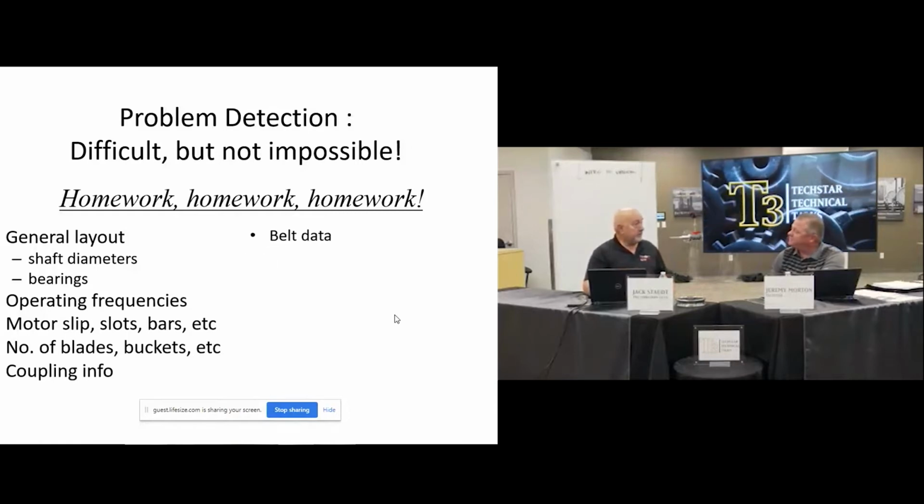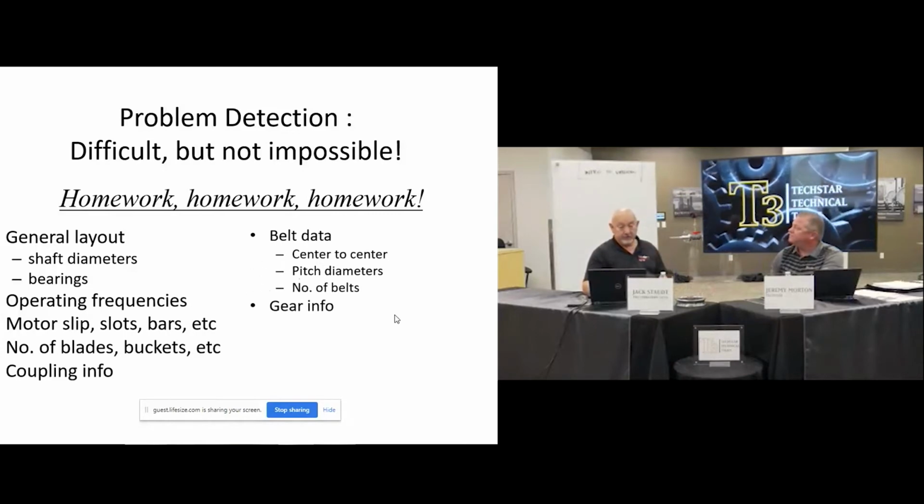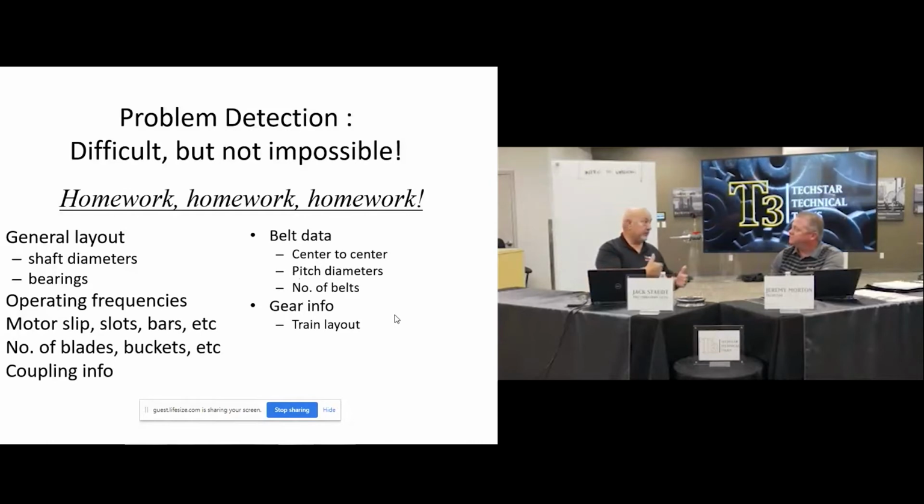Belt data. Your belt frequencies: you need to know the center to center of the shaft to calculate your belt frequencies, your pitch diameter, number of belts. You need to know your gear information, your train layout. Maybe you have 2 intermediates, first and second intermediate in the gearbox. I went into an extruder gearbox one time, and it had gears all over the place, everywhere.